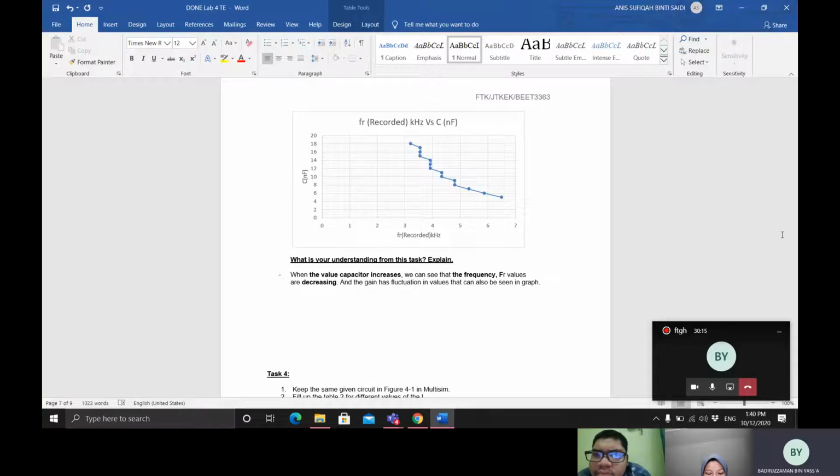So what I can conclude from this task is that whenever the capacitor value is increased, the frequency of resonance decreases. The gain has fluctuation in its values, which we can also see from the graph. So the next task I pass to Anis.